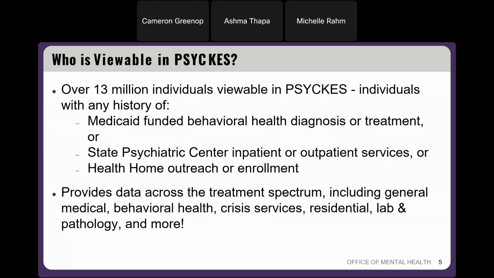So if a recipient falls within this population, we will provide all data. We have data regarding general medical health information, behavioral health, residential, lab, pathology, and many other types.